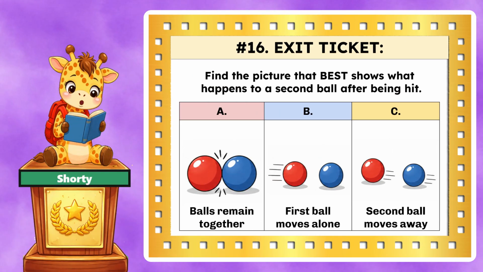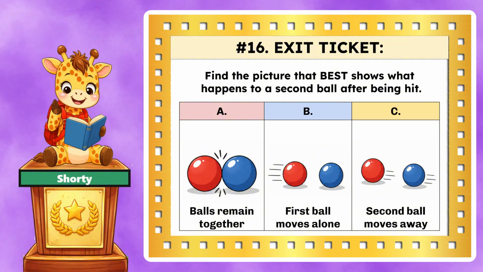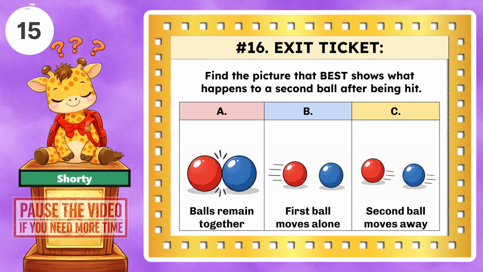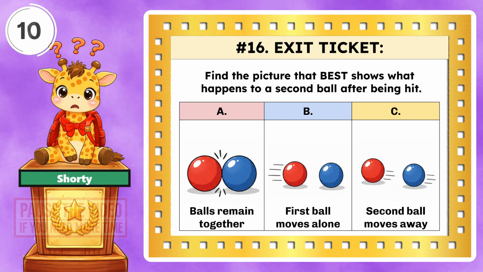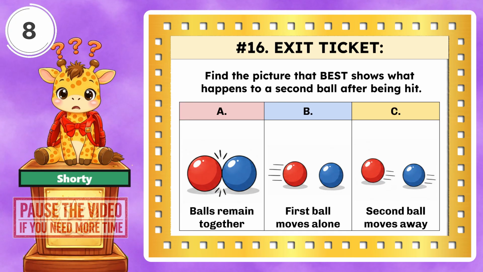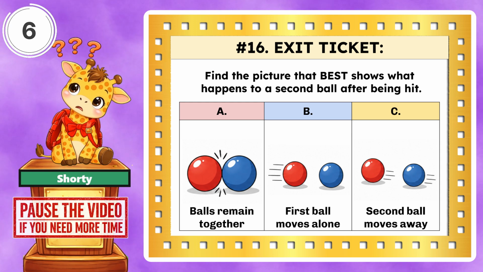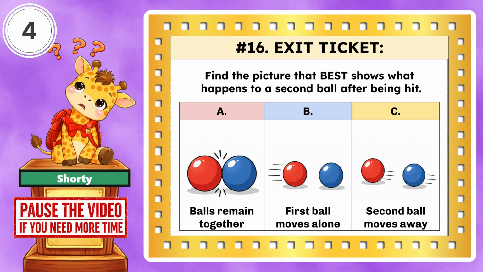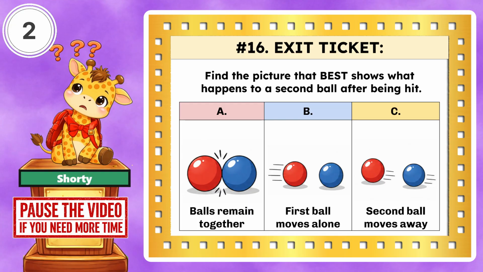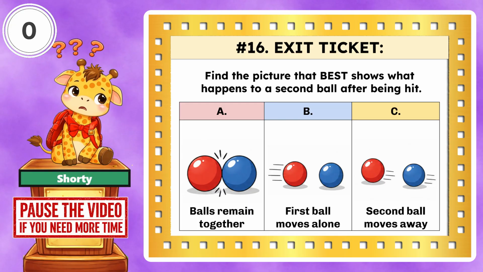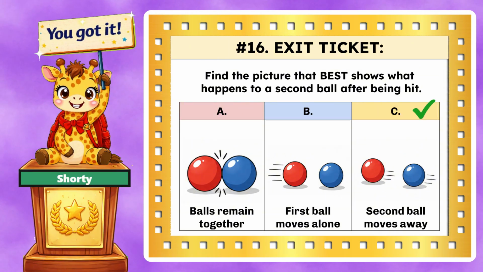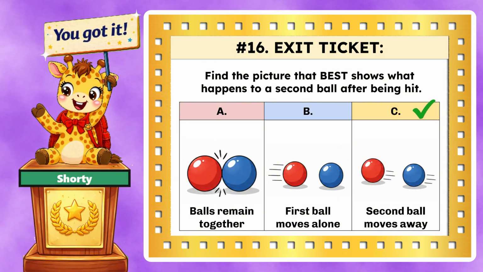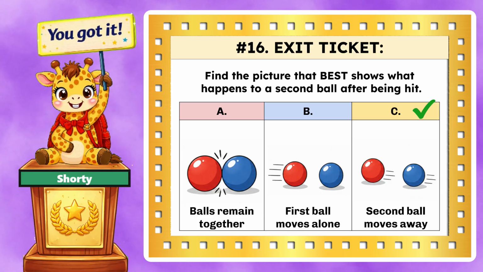Find the picture that best shows what happens to a second ball after being hit. And the correct answer is letter C. Second ball moves away.